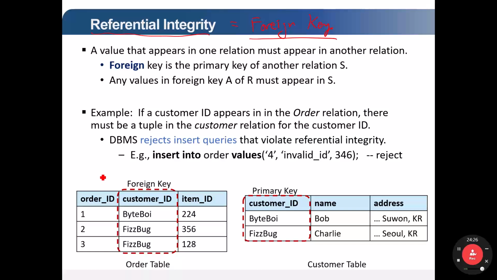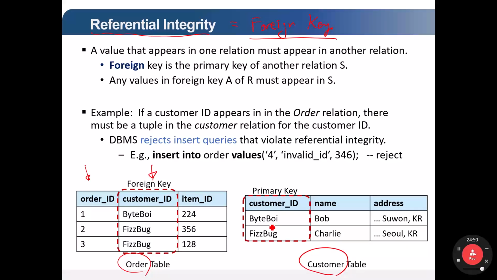So consider this example. We have a customer table on the right, and on the left we have the order table. So this left table stores which customer ordered what items. Customer ID is in the middle column. All right.